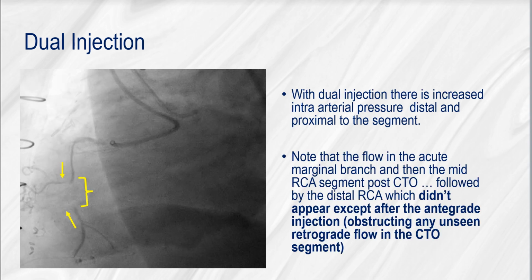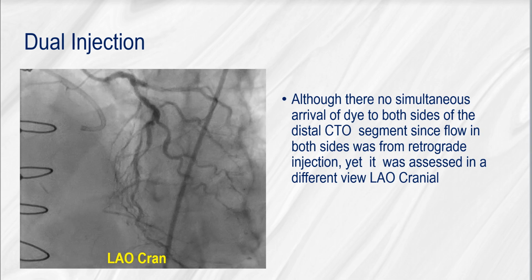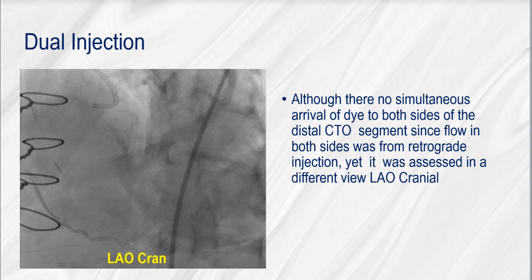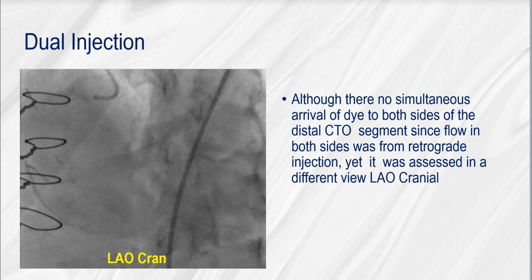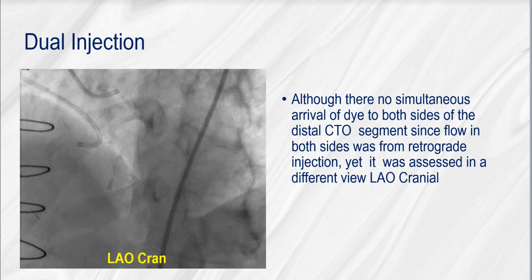With dual injection, there is increased intra-arterial pressure distal and proximal to the segment. Note that the flow in the distal RCA didn't appear except after the antegrade injection, obstructing any unseen retrograde flow in the C2O segment. Although there is no simultaneous arrival of dye to both sides of the distal C2O segment, since flow in both sides was from the retrograde injection, yet it was assessed in a different view, LAO cranial.